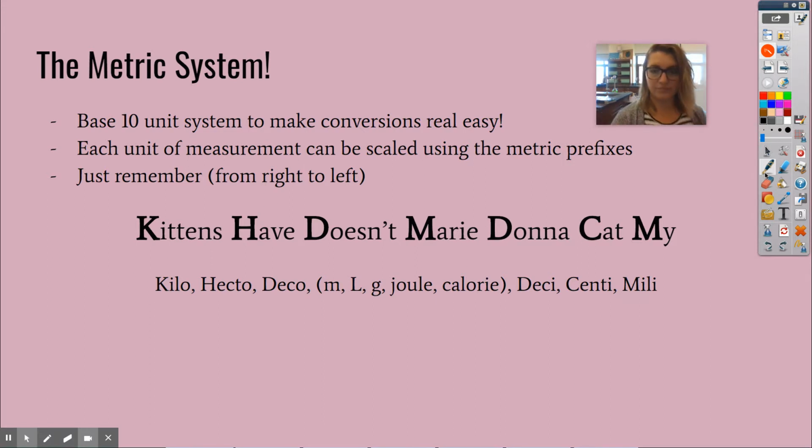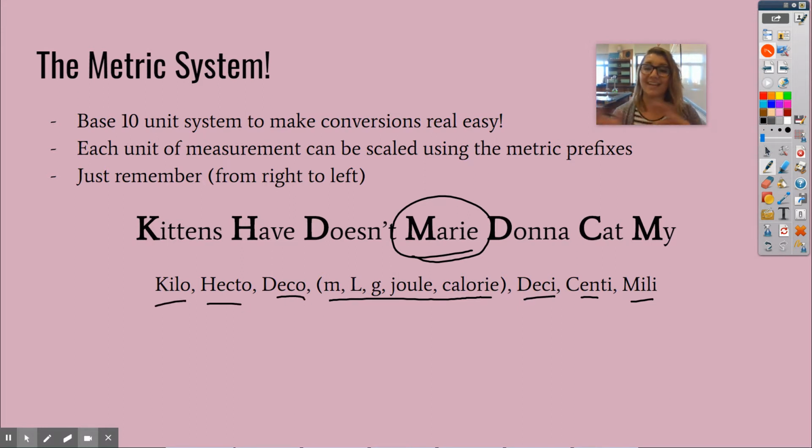So this one right here is the meter, liter, gram, joule, and calorie. And then we can use the metric prefixes, the milli, centi, deci, deca, hecto, and kilo, to scale those different units. So for example, we can have a milliliter, a millimeter, a millijoule, or a millicalorie.